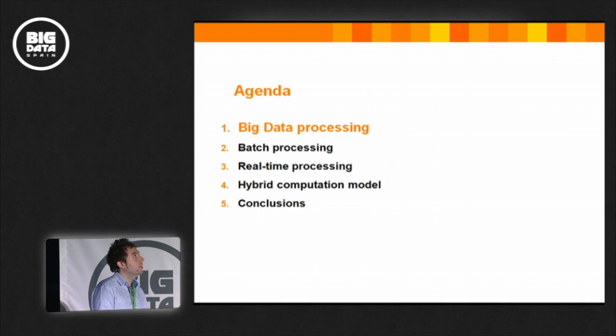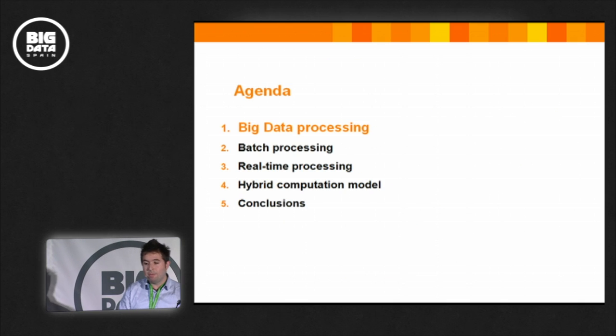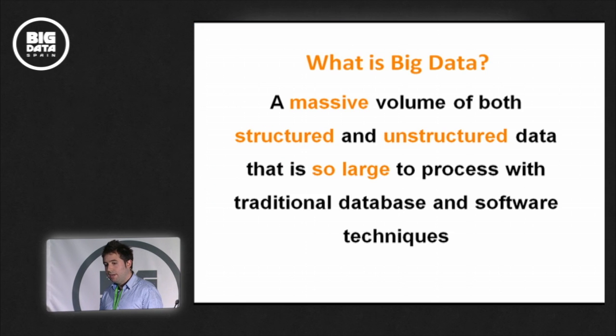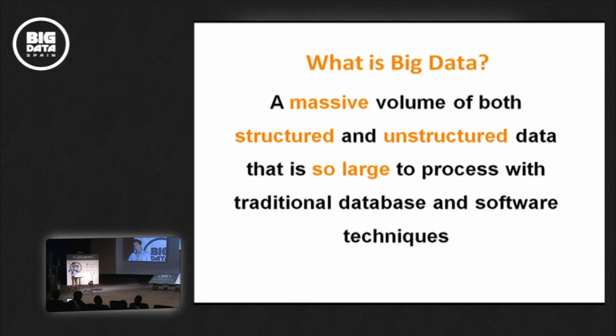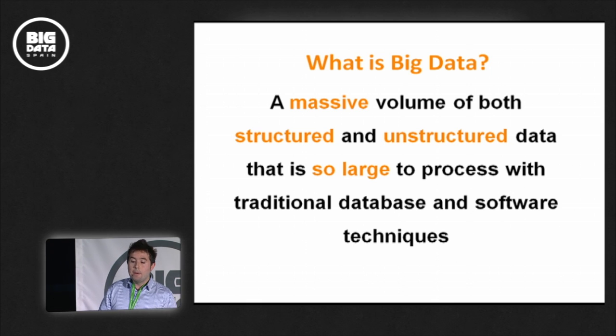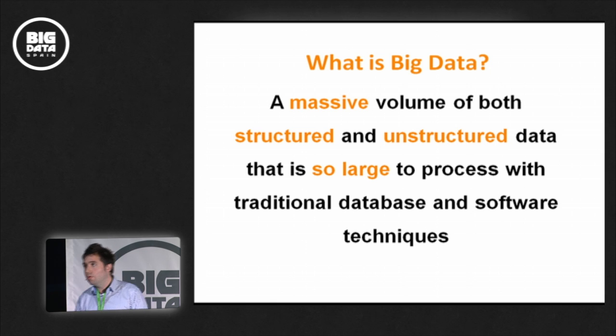Well, once I have finished the presentation, let's start talking about big data processing. But what is big data? We usually define big data as a large amount of structured and unstructured data that cannot be managed by classical software systems based on relational databases.